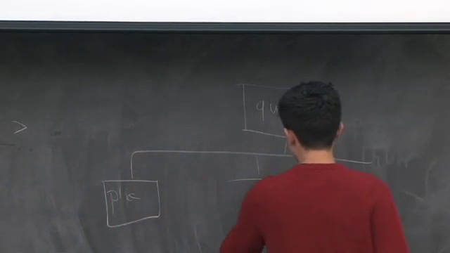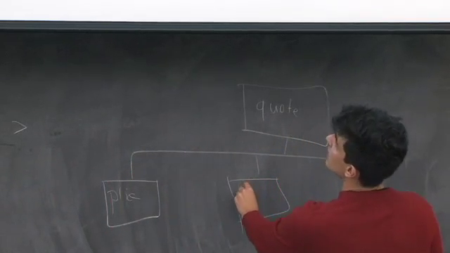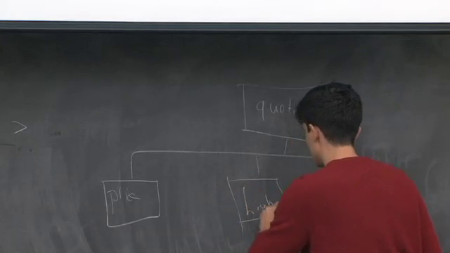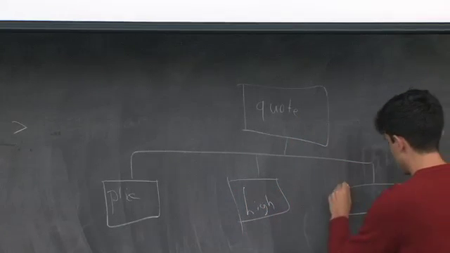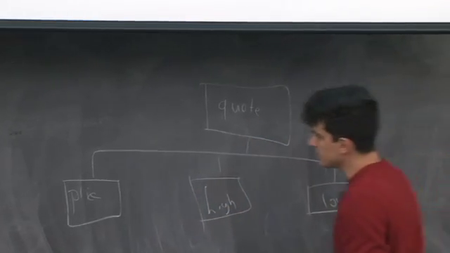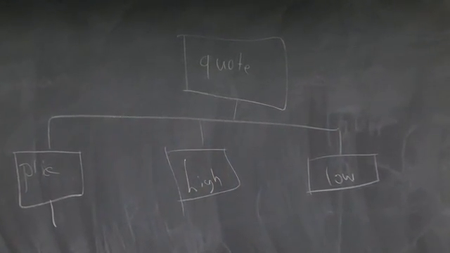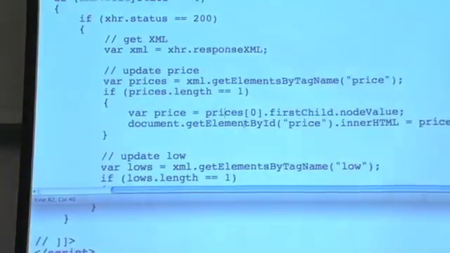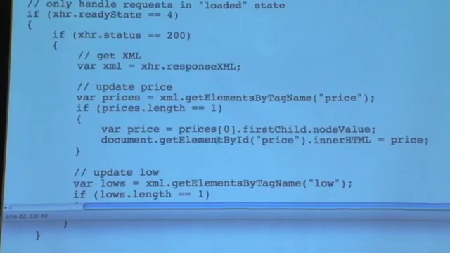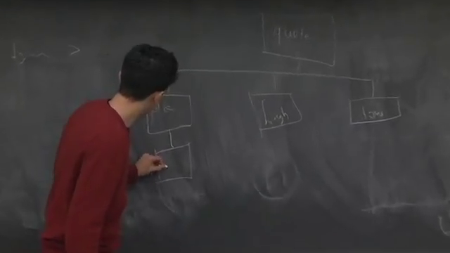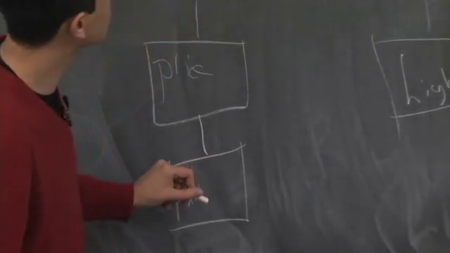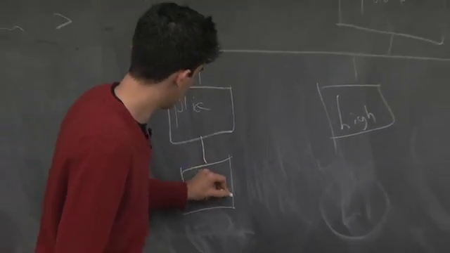Then we have another one that's called low and high, and then another one that's called low. And these elements have within them some text values. So notice that we have some constructs going on here. There's one child here, and it has a text value of, it was like 300 something.